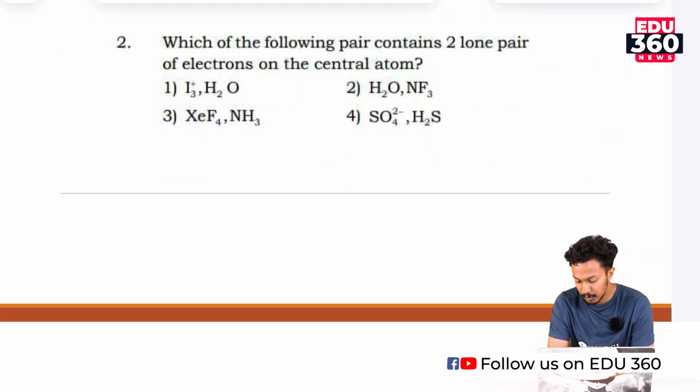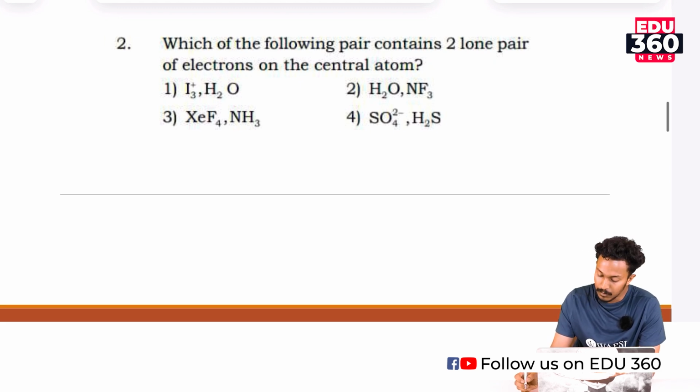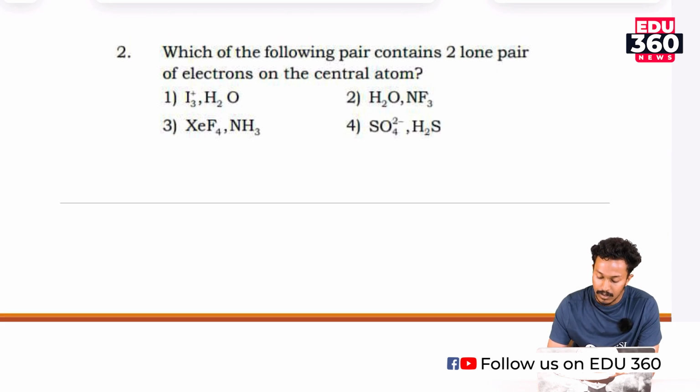Moving on to the second question, which of the following pairs contains two lone pairs of electrons on the central atom? We can rule out the possibilities of ammonia and NF3. We all know that ammonia contains only one lone pair of electrons, so we could rule out options 3 and 2.